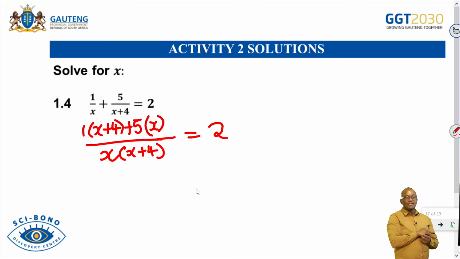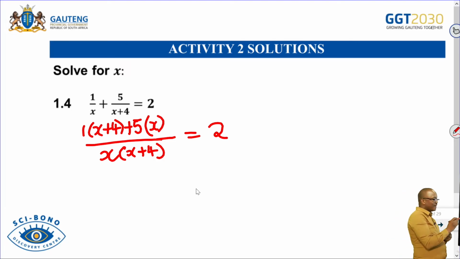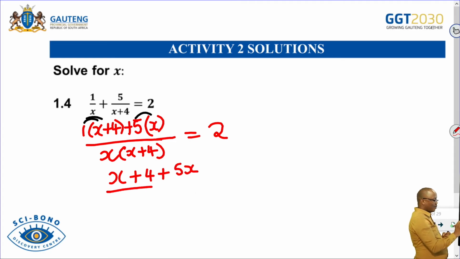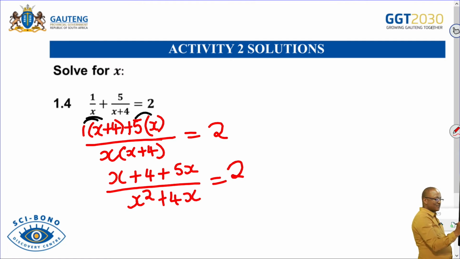So do you see that now we have combined our fractions? Then as we simplify, you multiply inside by 1 and 5. Then we're going to have x plus 4 plus 5x, all over, when I multiply my denominators, x squared plus 4x, is equal to 2.